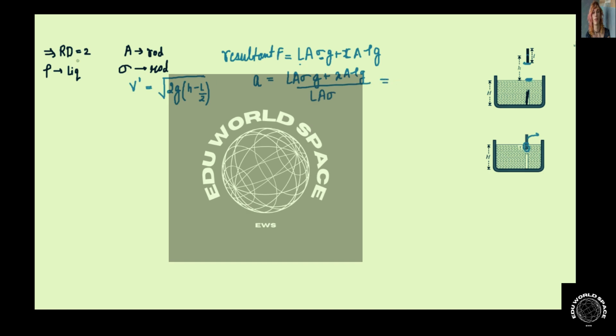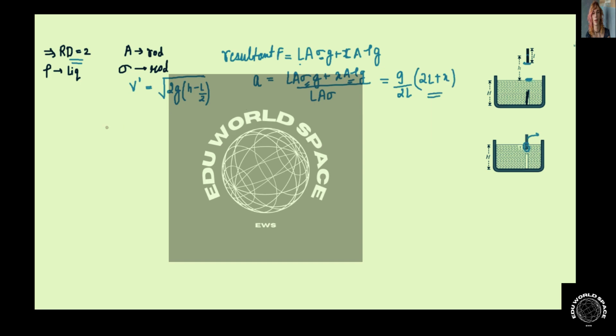When using this relation of RD, which is relative density, we can easily eliminate these two variables in our equation, which is rho and sigma, and we can get the final acceleration to be g by 2L into 2L plus x. So this will be our acceleration in this case.